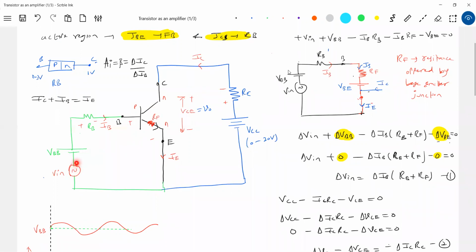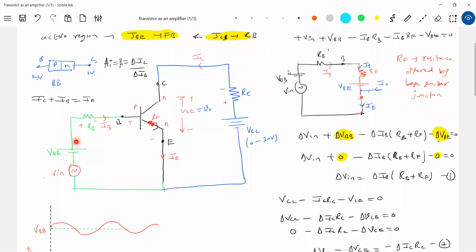The collector-base junction will act like a capacitor, like a dielectric slab. Then the connecting wire will have capacitance and inductance. So along with the resistor, you'll also get an inductor and a capacitor.